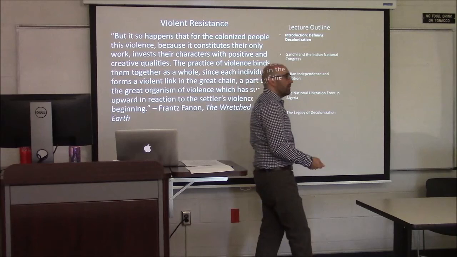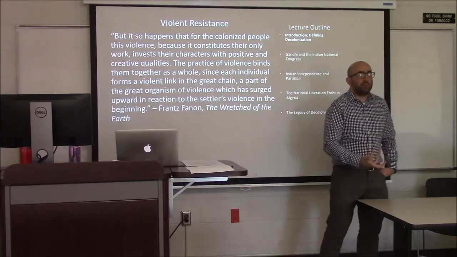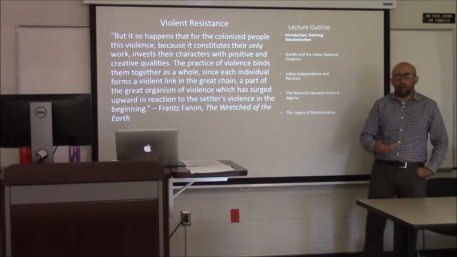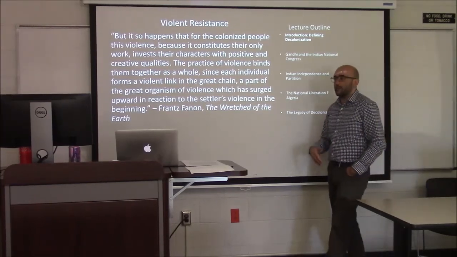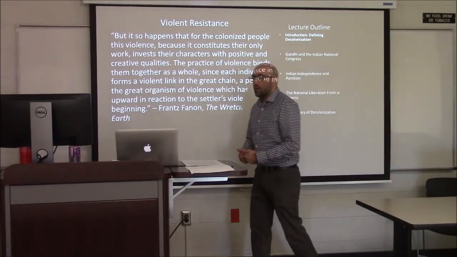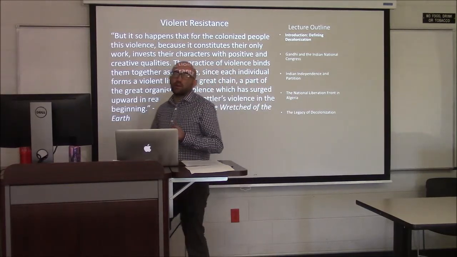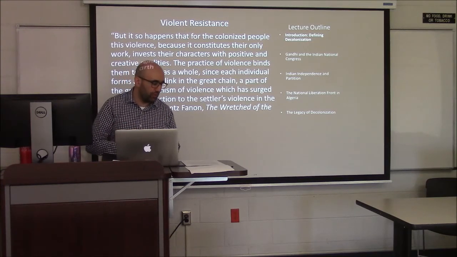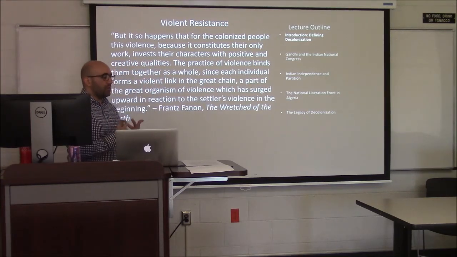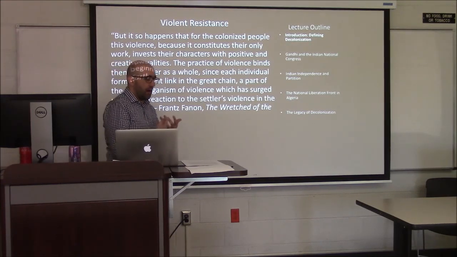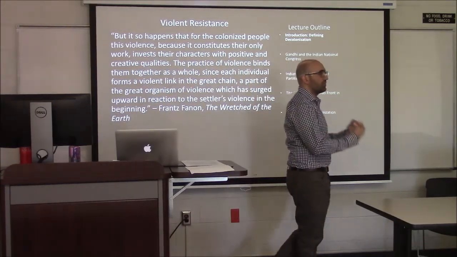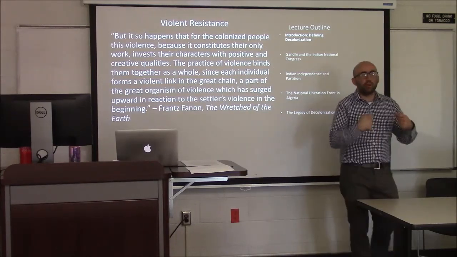He wants to find a way to bind the Algerian people together in order to form a coherent and independent nation after the colonizing power of France is overthrown. But he comes to a strikingly different conclusion as to the best way to do so. You must use violence against the minority white settler population in order to ensure that the strength of the colonized people comes to the fore.